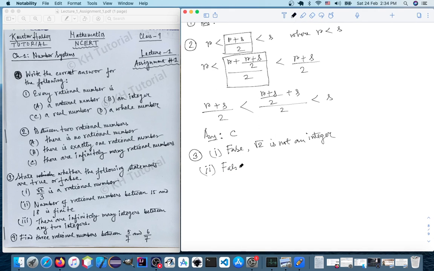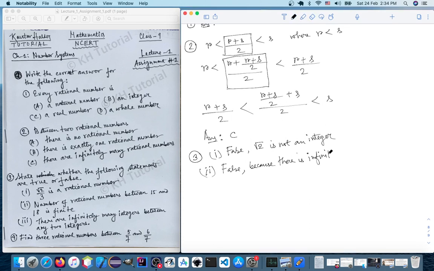It is false because there are infinitely many rational numbers between two given rational numbers.